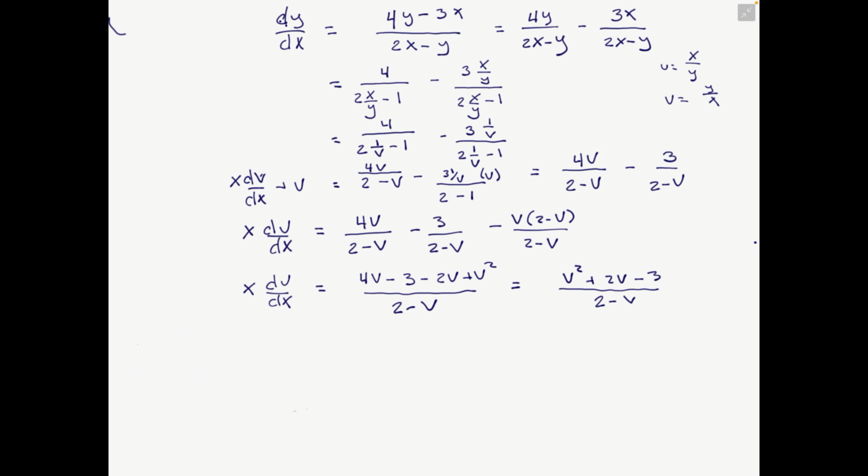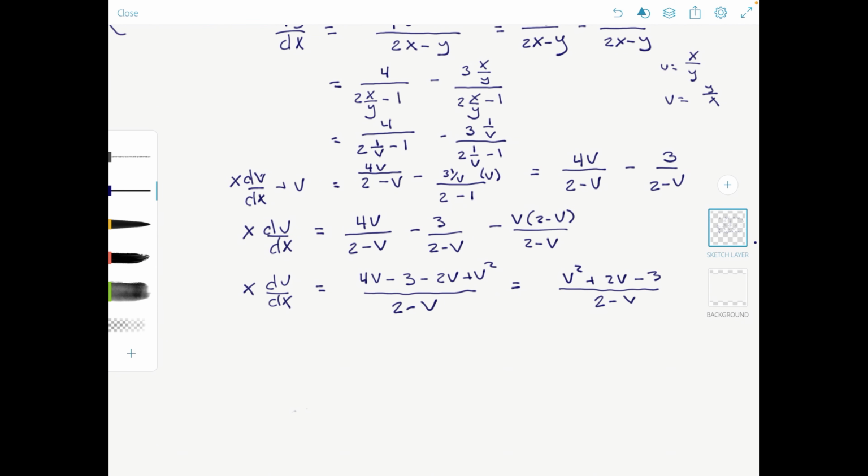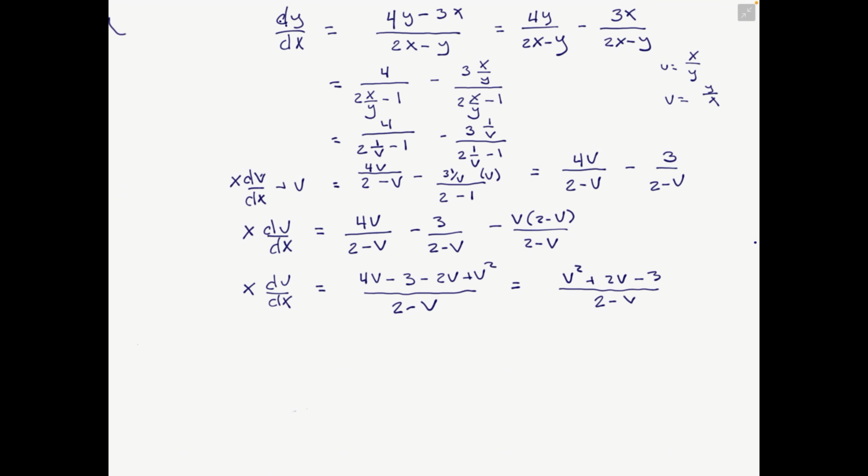Do a little erasure, make sure I got everything. This is equal to x dv dx is equal to v minus 1 times v plus 3, and that's on top of 2 minus v. And there we go.